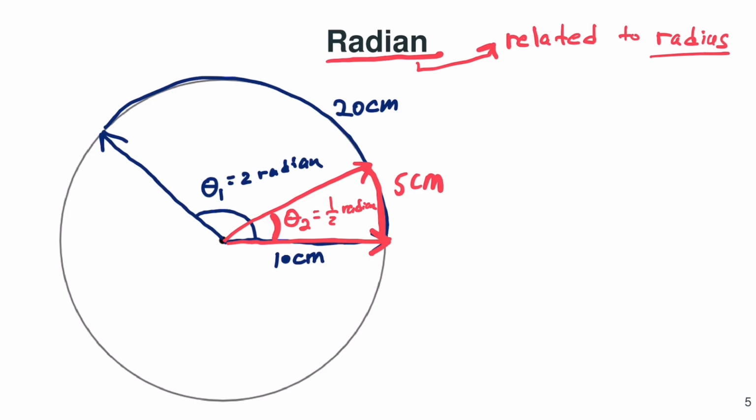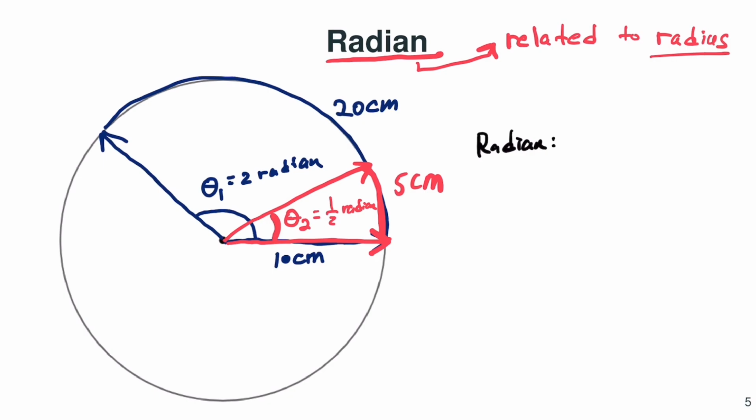So it appears that radian is just comparing the arc length in relation to the radius length. And that's exactly what radian is. So let me informally write down, and we'll look at the formal definition on the next page.